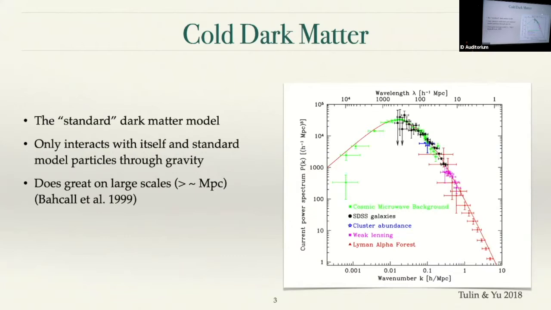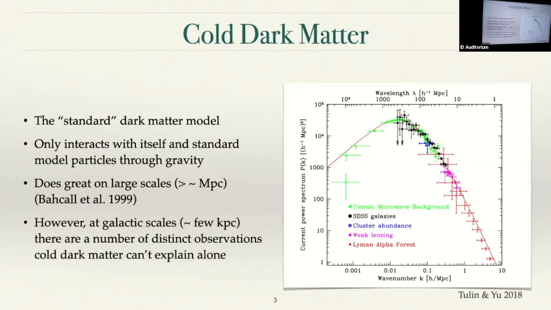This is the matter power spectrum inferred through cosmological measurements ranging from the cosmic microwave background, that's the green points, to the Lyman alpha forest, that's the red data. And then the red line shows the best fit to a lambda CDM cosmology for a simplified 5-parameter model, assuming a flat spatial geometry and a scale invariant primordial spectrum.